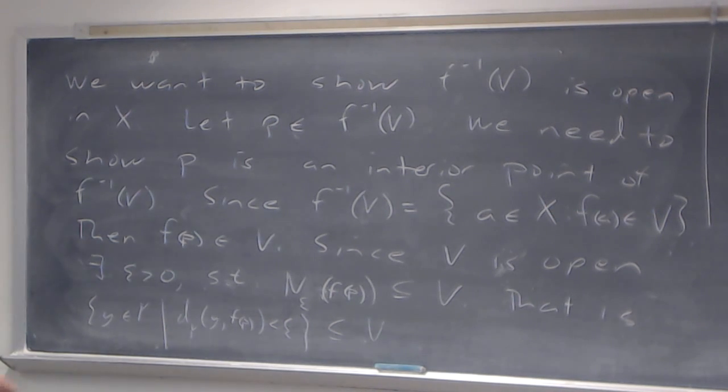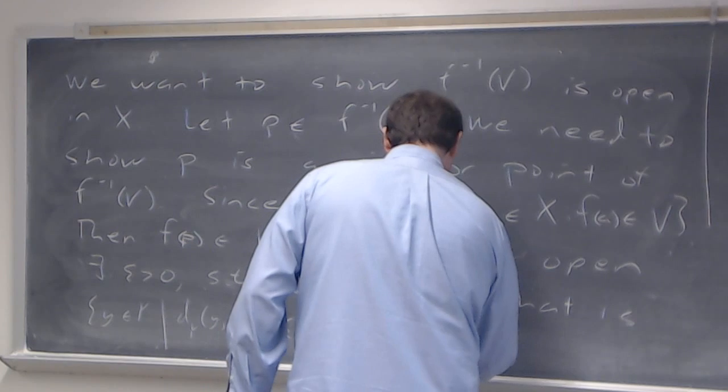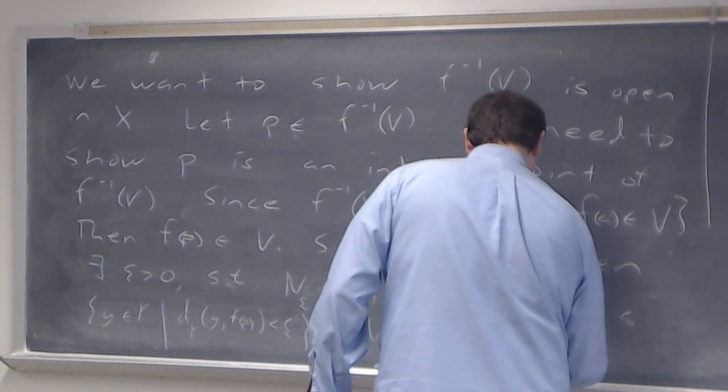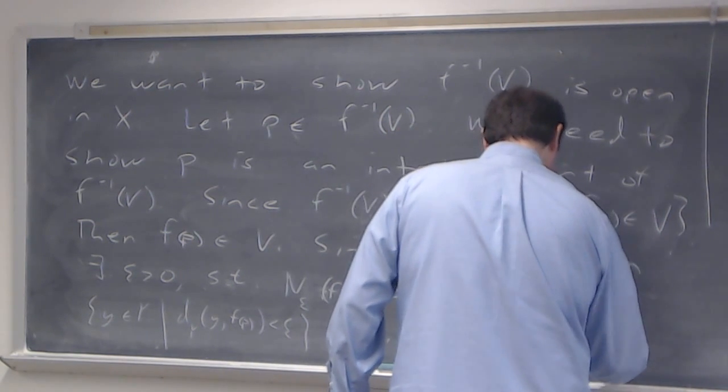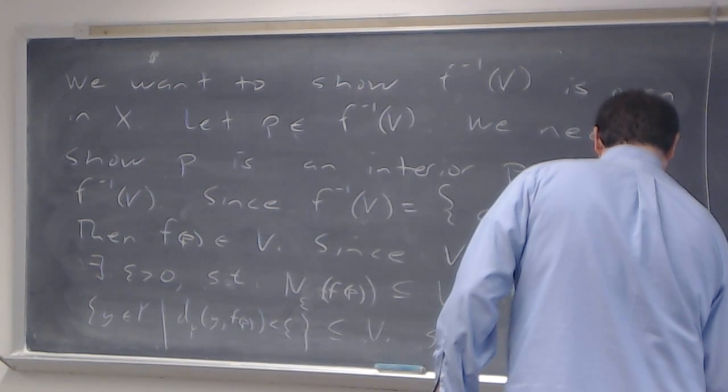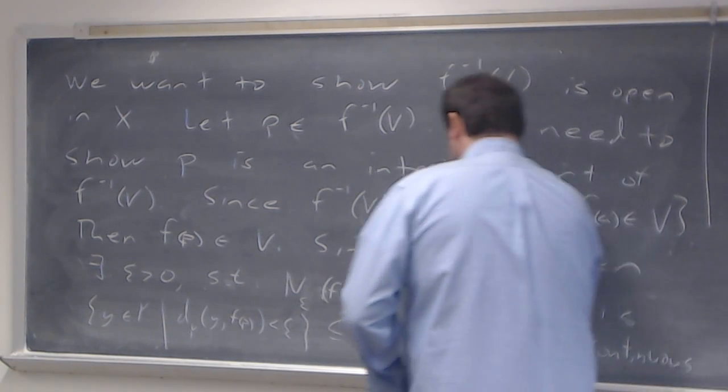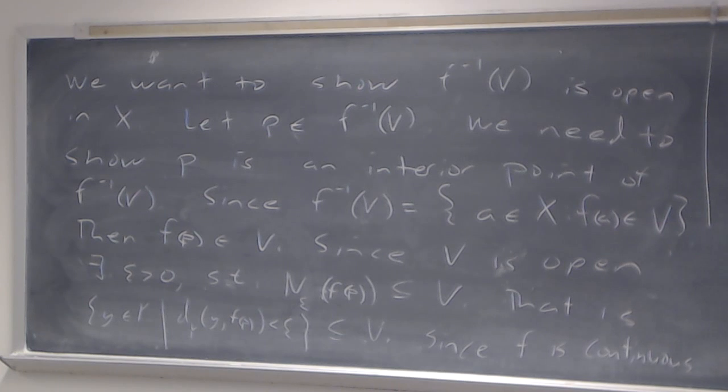Now, what do we also know? We're assuming that f is continuous. Since f is continuous, it's continuous on X. But if it's continuous on X, it's continuous at every point of X, so it's continuous at p.